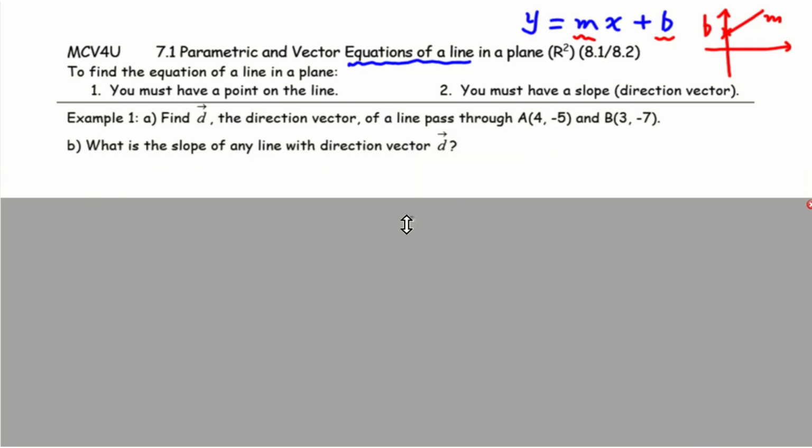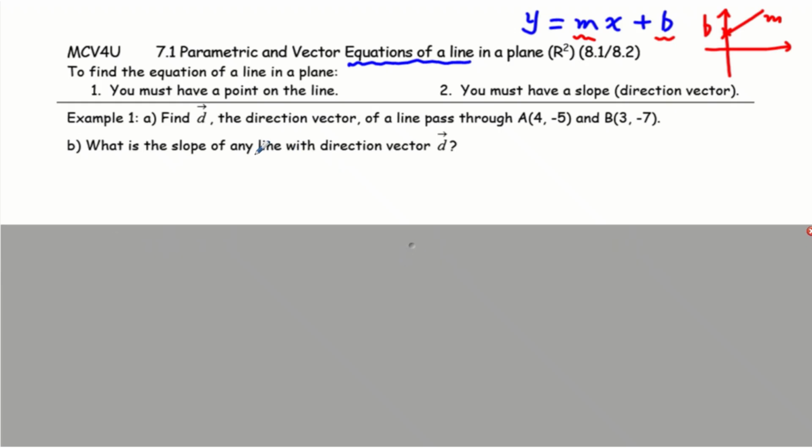So we are going to see one example. Find the direction vector from 2 points that are on the line. So from A to B, we know the vectors. We could write it as BA or AB. It doesn't matter. If it's from A to B, then it's OB, second letter, minus the first letter.